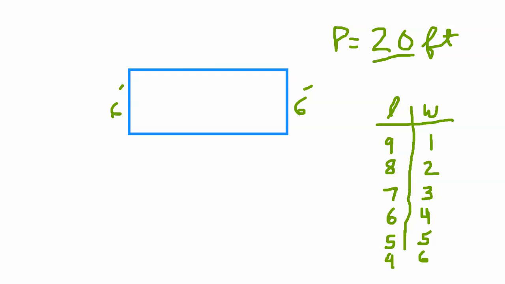We already have 6 and 4 here. And you would have 7 and 3, 3 and 7, same. 8 and 2, 2 and 8 is the same. 1 and 9, 9 and 1 is the same. So you really have these 5 possible dimensions if you're only using whole number dimensions.